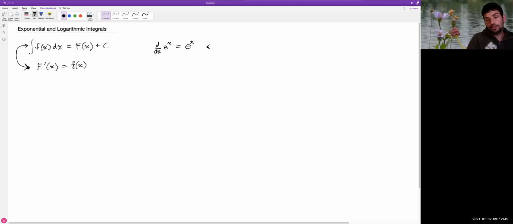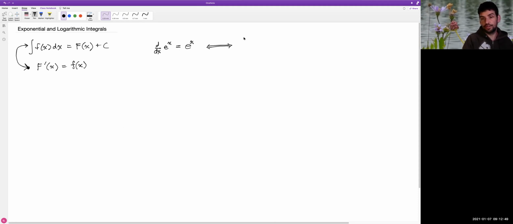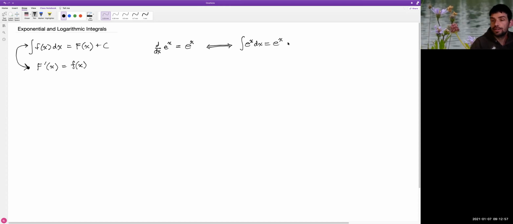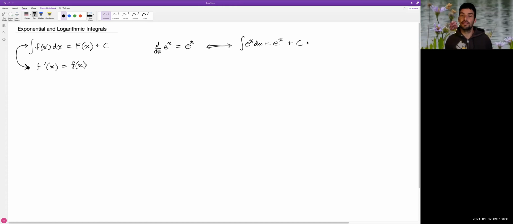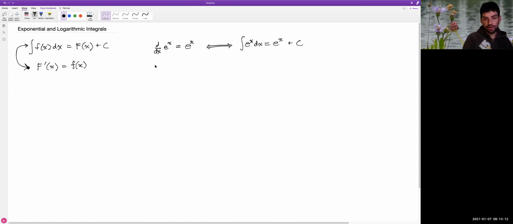So I can translate this into a rule about antiderivatives by saying that the antiderivative of the exponential is just the exponential itself, except we pick up this constant of integration, right? So it's not a perfect relationship because of these constants that show up, but we get the family of functions from our derivative rule.